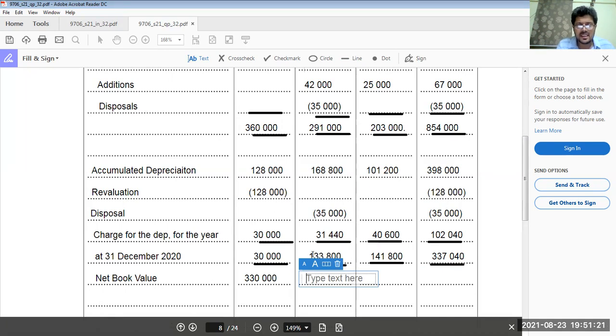This one is not correct. 2,91,000 minus 125,760. Then 203,000 minus 141,800, that is 61,000.